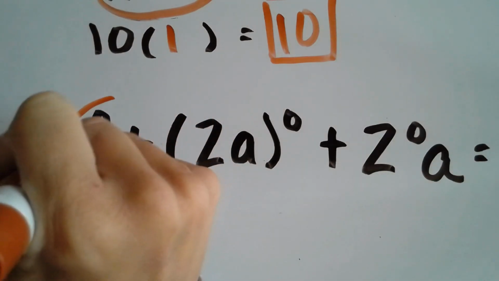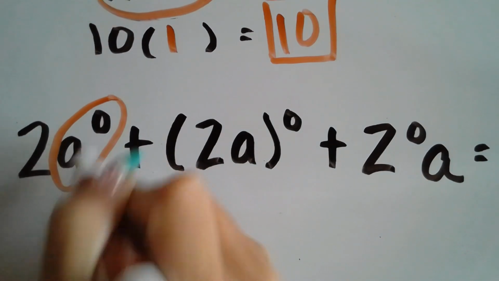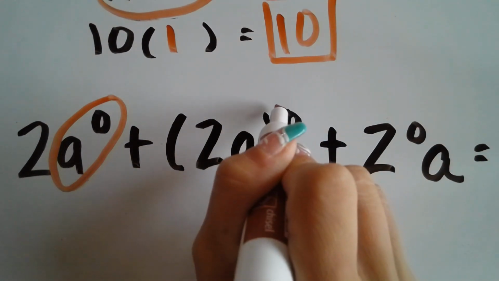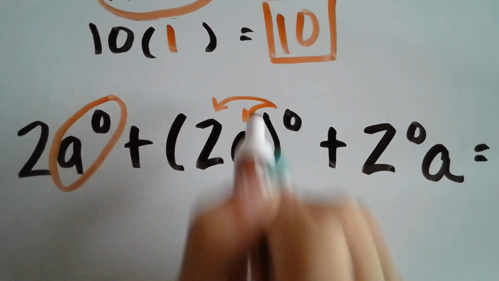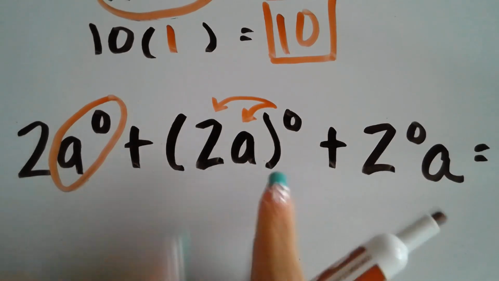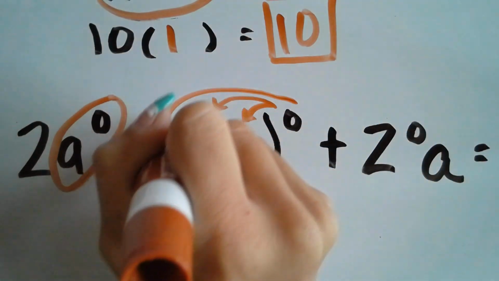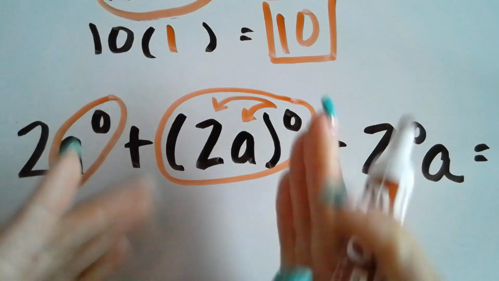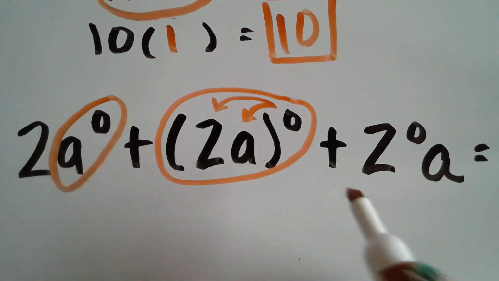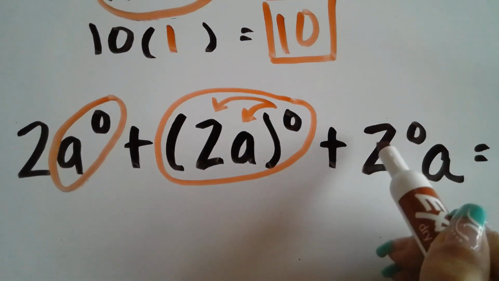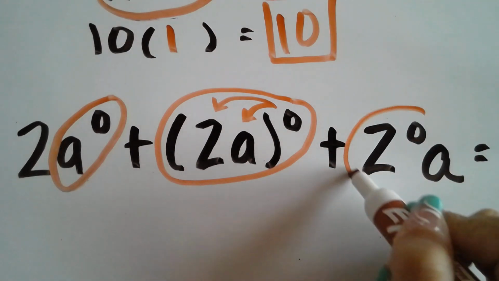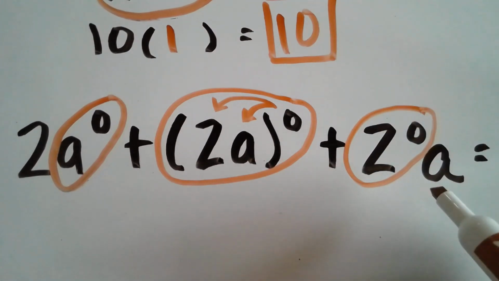So let me just go ahead and circle that so I know that's going to turn into a 1. Oh wow, this 0 would be distributed to this 2 and this a because of parentheses. Let me circle that. I know this whole thing would turn into a 1. This 0 and this 2 are paired together, no parentheses or anything, which means this turns into a 1.